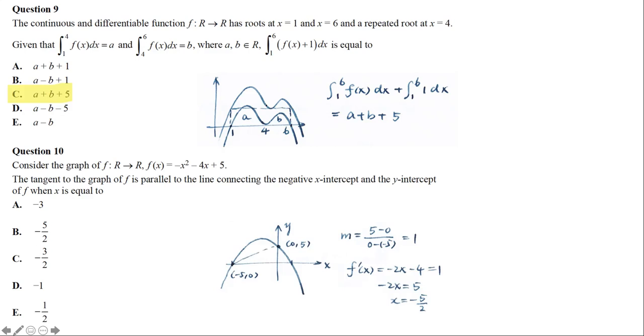To get the gradient, you can calculate y2 minus y1 over x2 minus x1. So the gradient is 1. If the tangent is parallel to the line here, then their gradients must be equal. So the derivative of f is minus 2x minus 4, which equals 1. Solving that equation for x, you will get minus 5 over 2. Choose B.